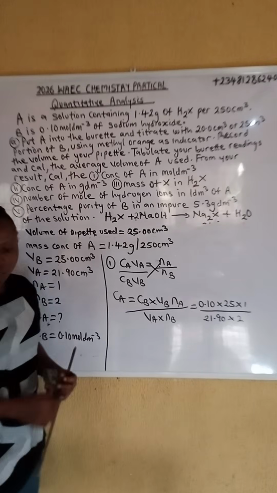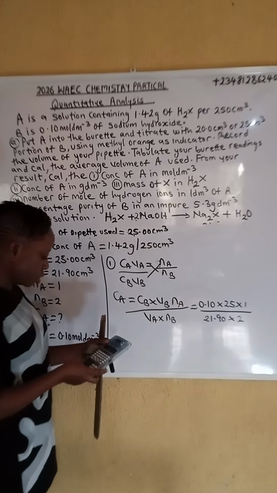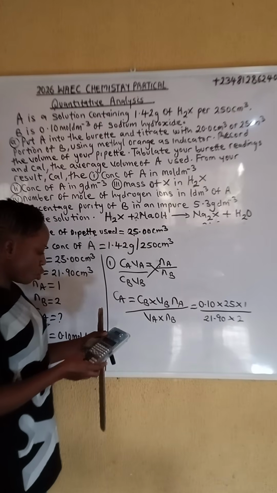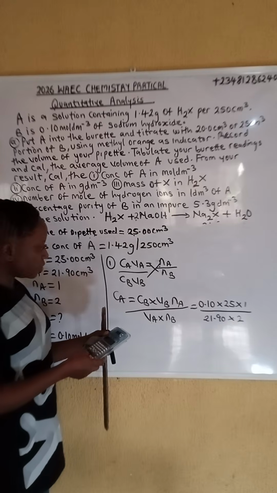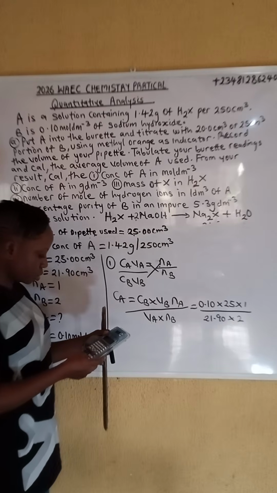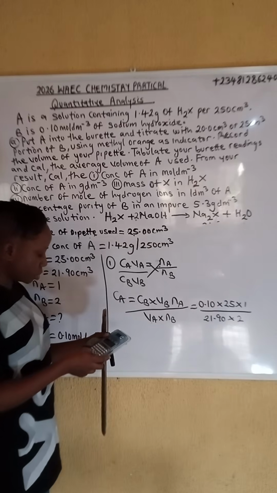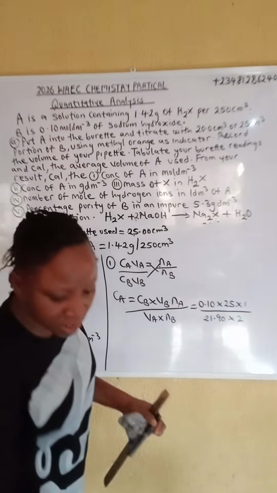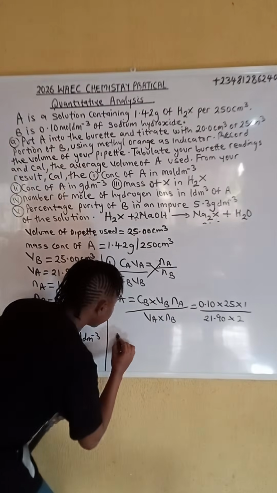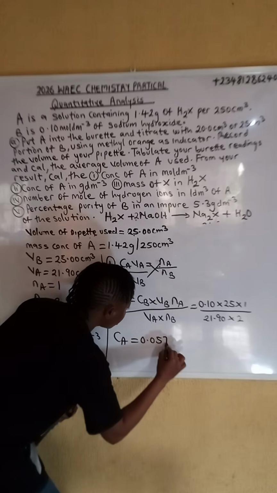So let's proceed. What will be our final answer for that? 0.10 times 25, then divided by 2, then divided by 21.9, that is equal to 0.057. So our Ca equal to 0.057.